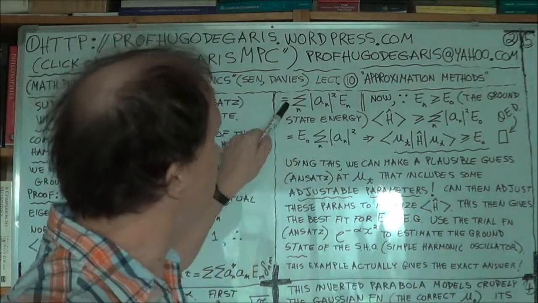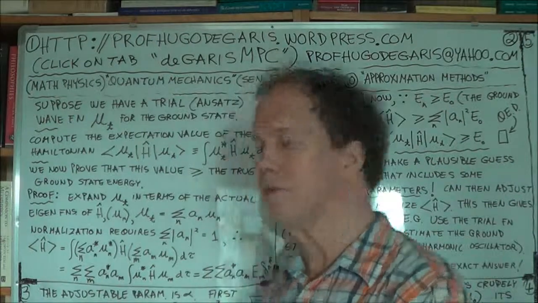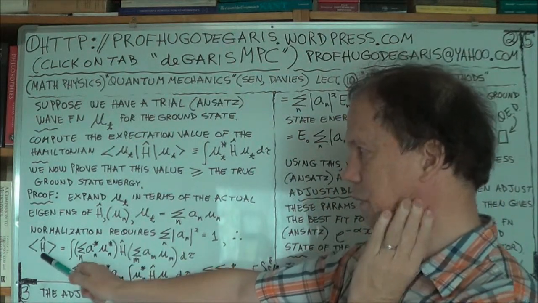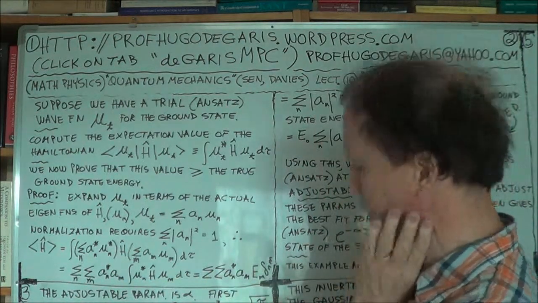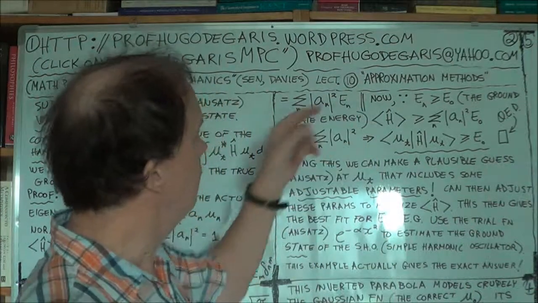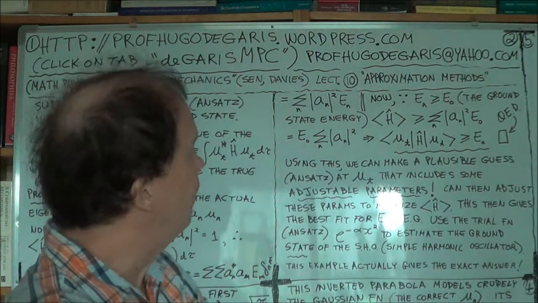Go back through the chain of logic. This term here is the expectation value for the Hamiltonian. This equals this equals this equals this. So this term is the expectation value of your Hamiltonian.